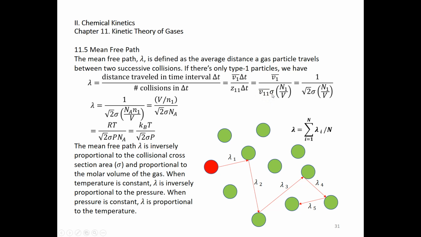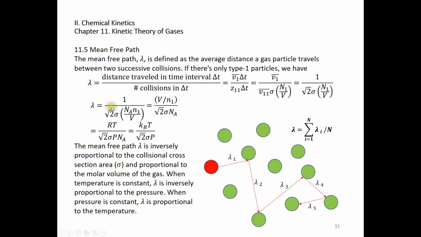Sigma is the collisional cross-section area. N1 over V is the number density. So we have this equation in the end, because the average relative speed is the square root of 2 times the average speed. We can further express this equation in terms of pressure and temperature, because very often the temperature and pressure are given.